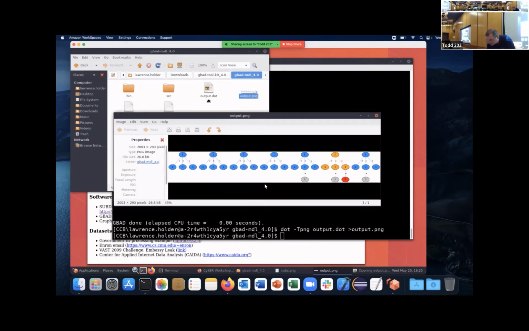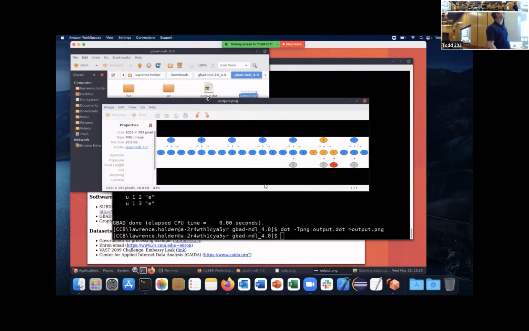Okay, so here's the output. You can see that there are basically 4 exact matches to this normative pattern, which is 4 vertices, 3 edges. And then here's the anomaly over here. Let me try to blow it up a little bit.